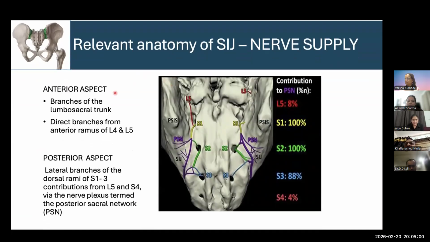The nerve supply of the SIJ, anterior aspect, is supplied by the branches of the lumbosacral trunk and the direct branches from the anterior ramus of L4 and L5. Dissection and histology have not confirmed innervation from the anterior rami of S1 to S3 in the anterior aspect. The posterior aspect of the joint capsule and the posterior extra-articular ligaments are supplied by the posterior sacral network, which predominantly consists of contribution from the lateral branches of S1 to S3 and sometimes contributions from L5 or S4.